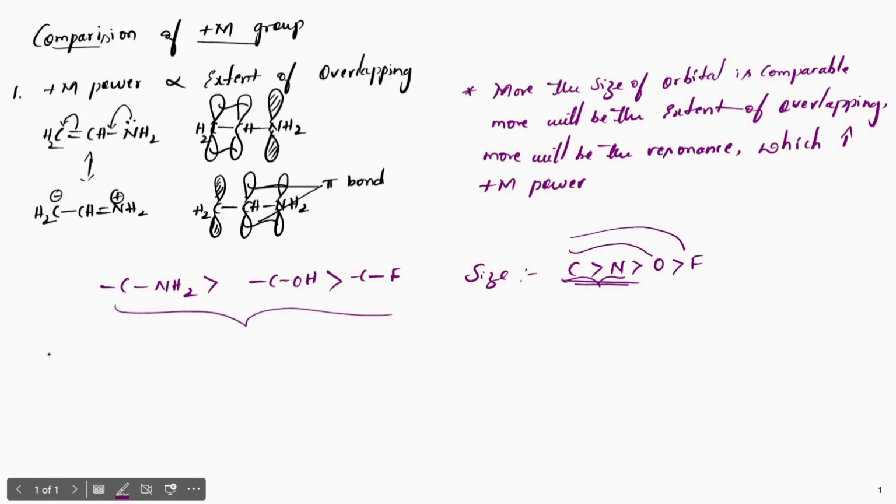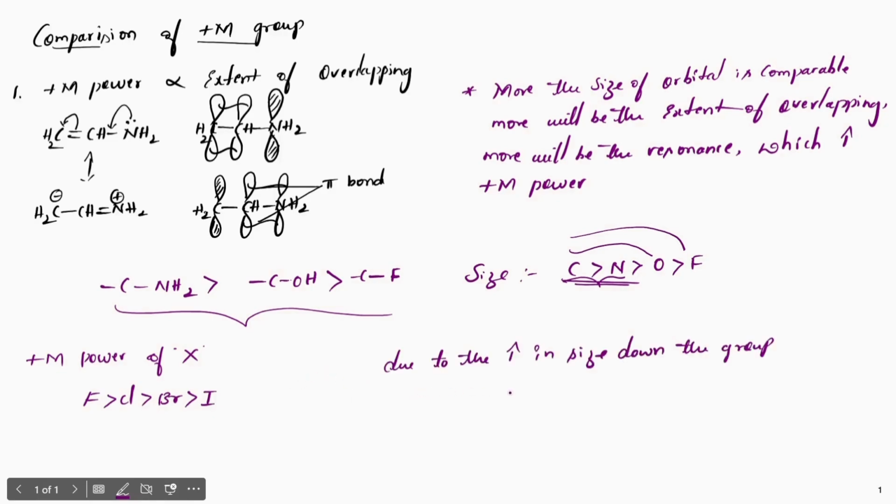And we will see the positive mesomeric power of halogens. That is, fluorine is greater than chlorine is greater than bromine is greater than iodine. This is because, due to the increase in size down the group, overlapping decreases, which decreases positive mesomeric power.